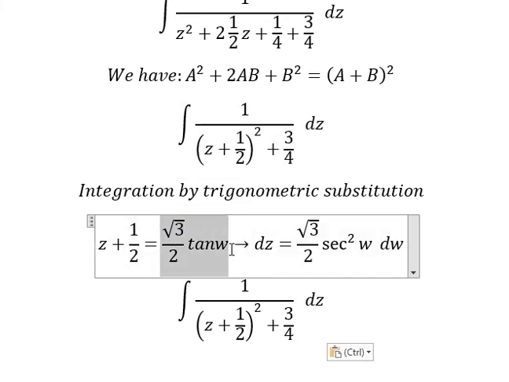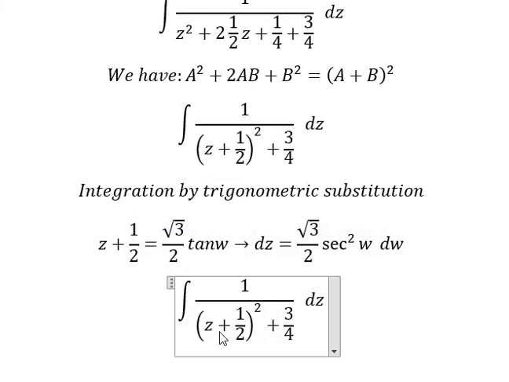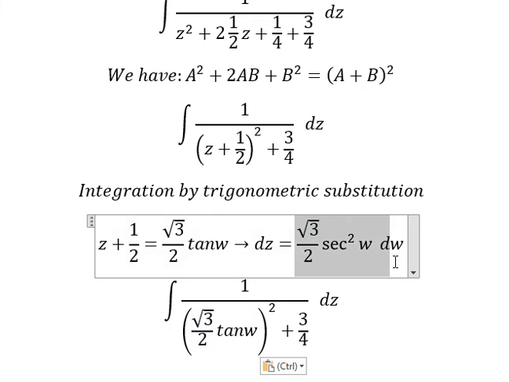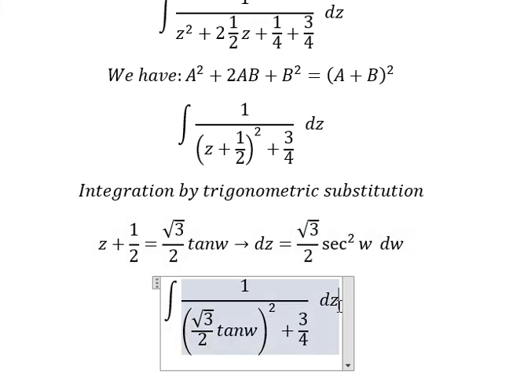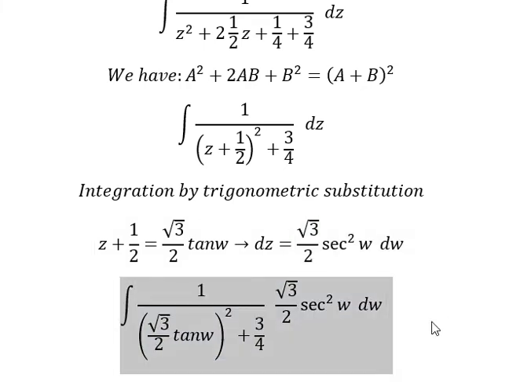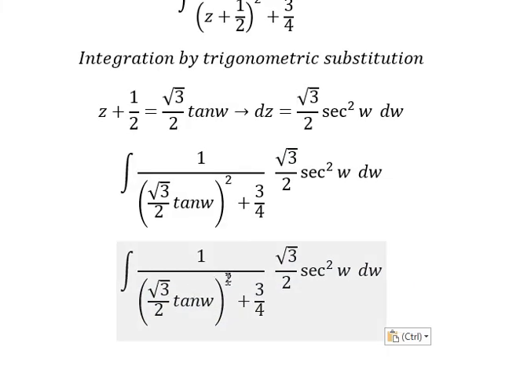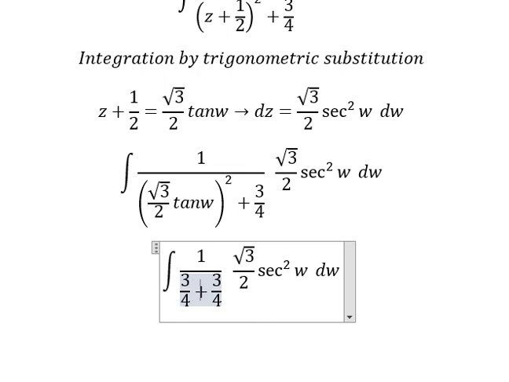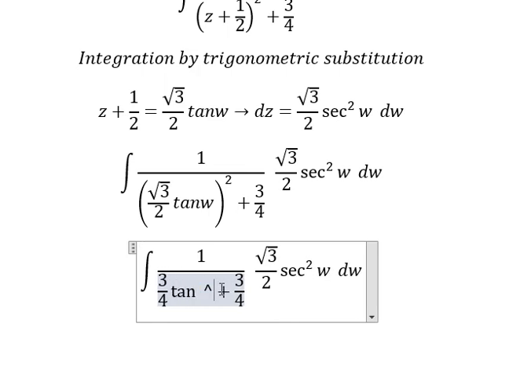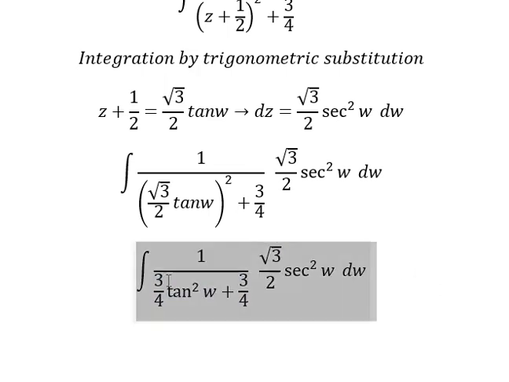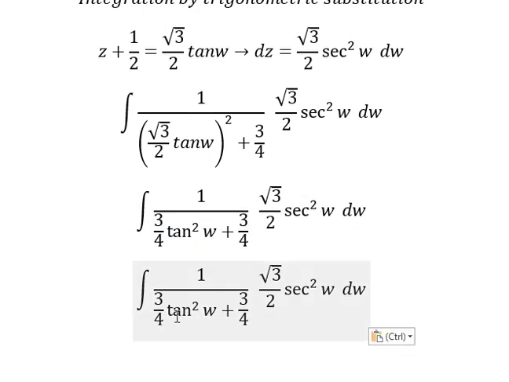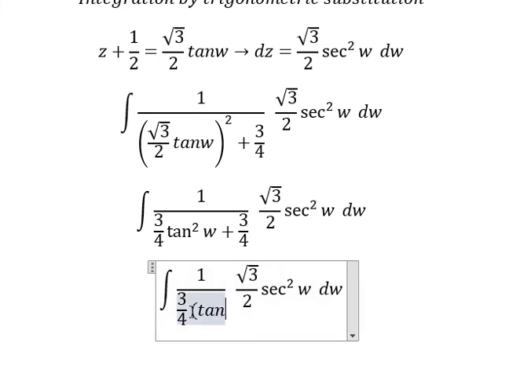So I will put this one going here. dz we change by this one. So we have 3 over 4 tan of w squared. 3 over 4, 3 over 4, we can do factorization.